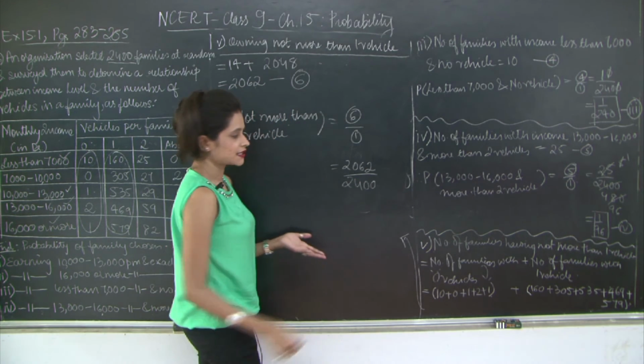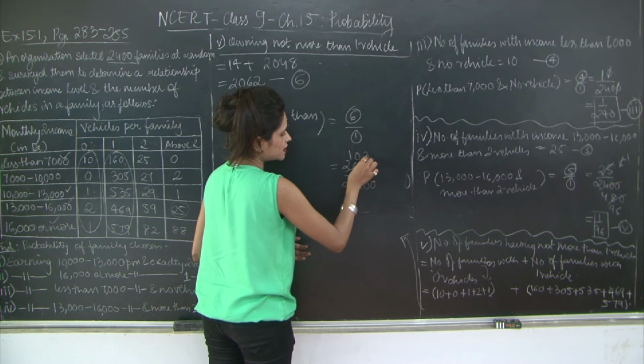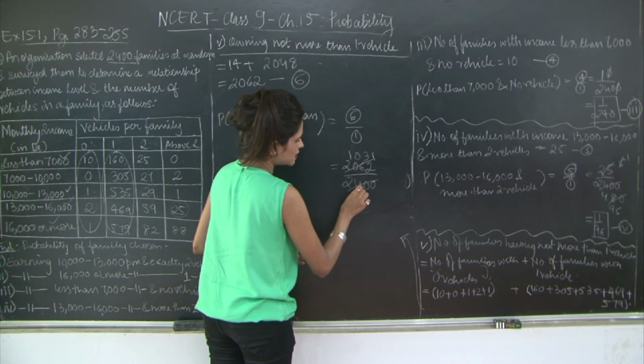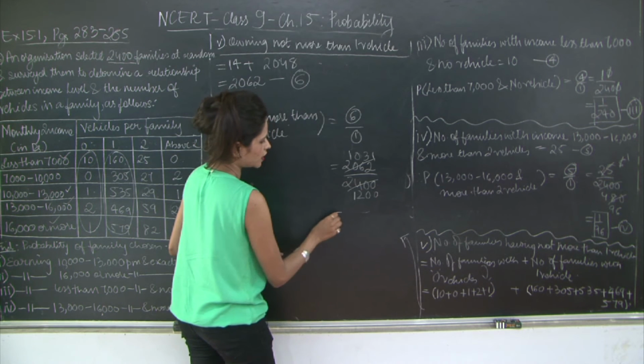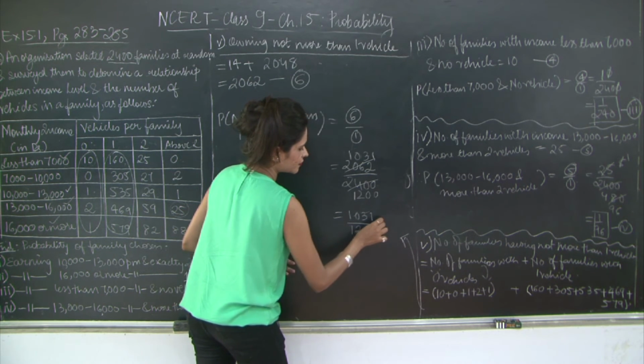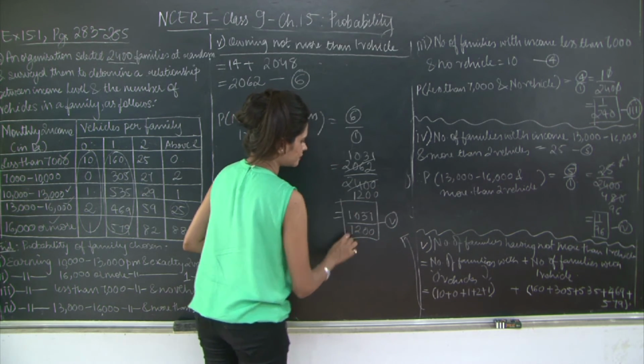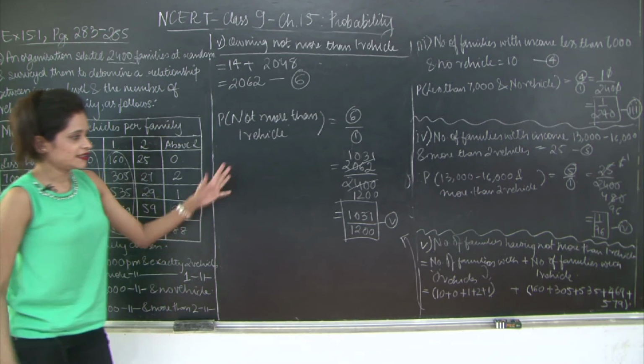If you want, you can cancel this further. So let's check with 2. You get 1031 upon 1200. And this is your solution to sub-question number 5 out here. So please take a look at the solution.